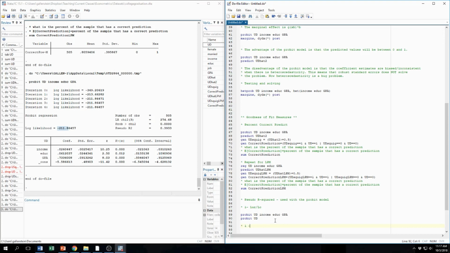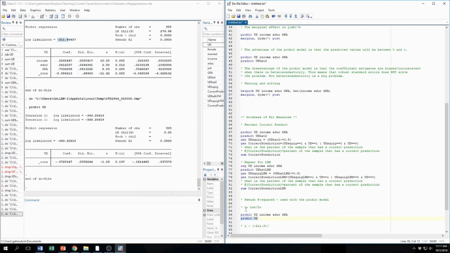1 minus negative 211.9, divided by, and then we'll do the Probit with only the intercept term, negative 349.2. All right, now let's calculate this.